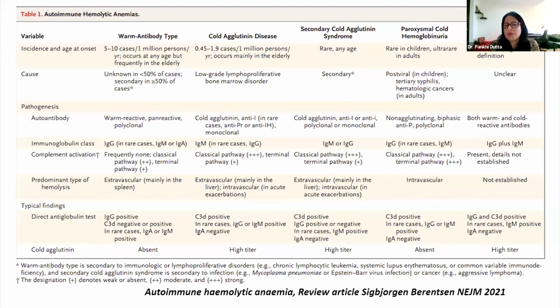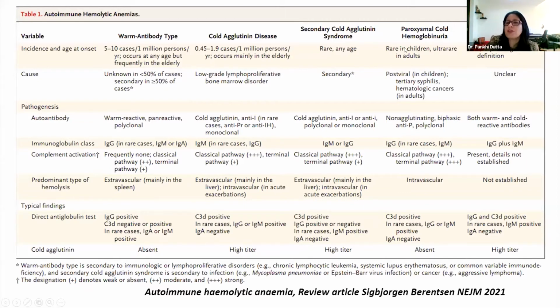We all know that lymphoproliferative disorders have a tendency to form antibodies, but in some of them you will not be able to come to a specific diagnosis, but they form cold antibodies, so they are called cold agglutinin disease. So when you have cold antibodies, one should definitely think of going right up to the bone marrow and even flow cytometry. You can have some mixed type where you have some warm antibodies and cold antibodies.